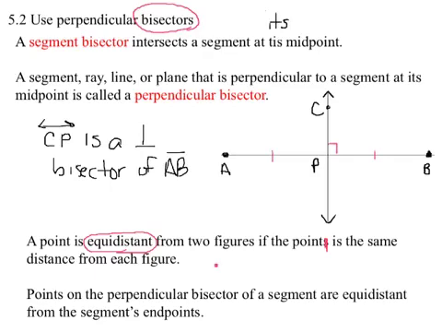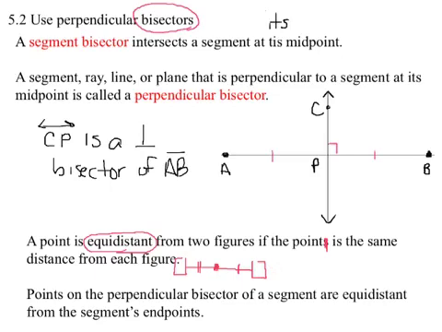So a point is an equal distance from two figures, and these figures are going to be squares. Let's erase this one and move it in a little. A point is equidistant from two figures if the point is the same distance from each figure. The figures are the squares.